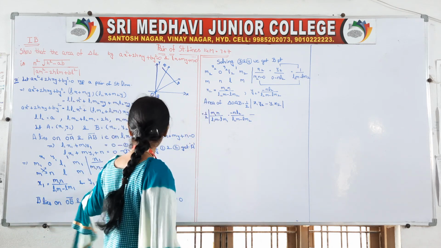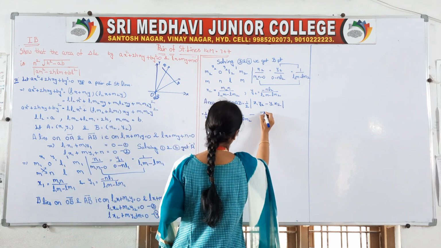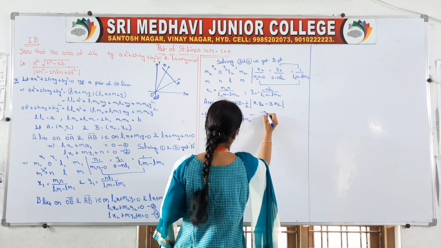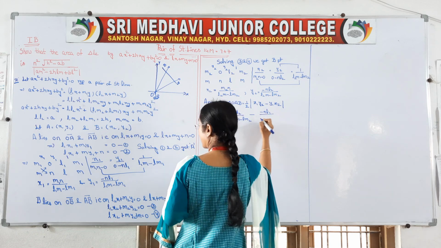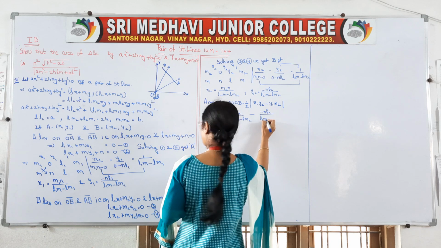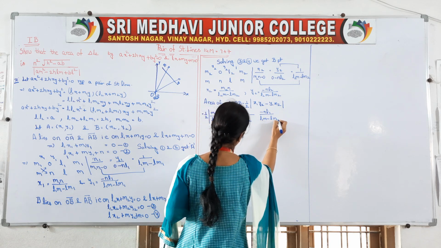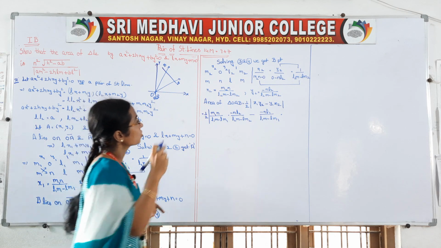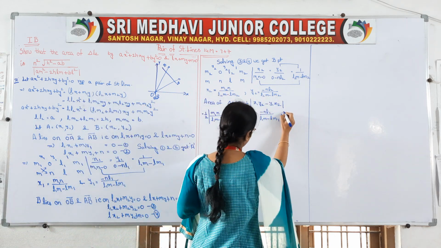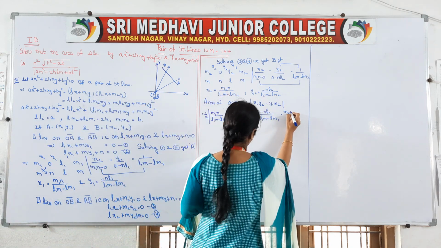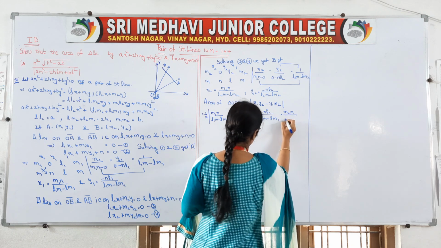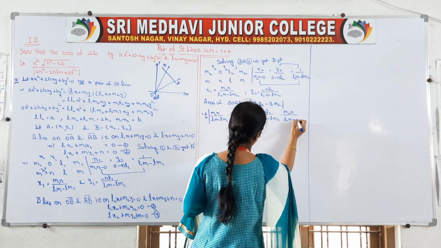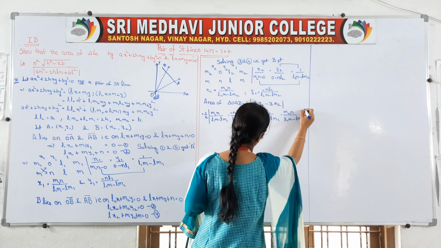Where is our y1? Here it is minus of minus nL1 by L1m minus Lm1 into x2. What is your x2 value? This one. It is m2n by L2m minus Lm2.